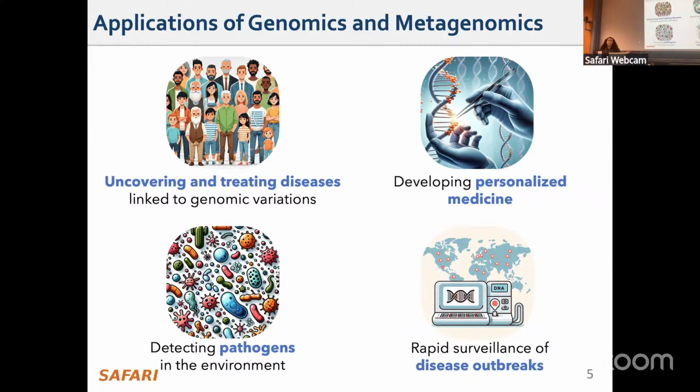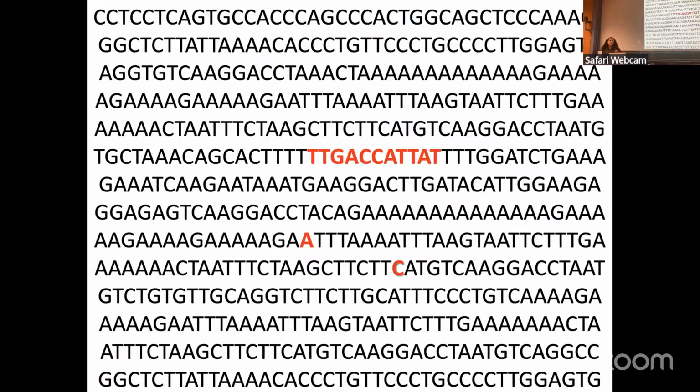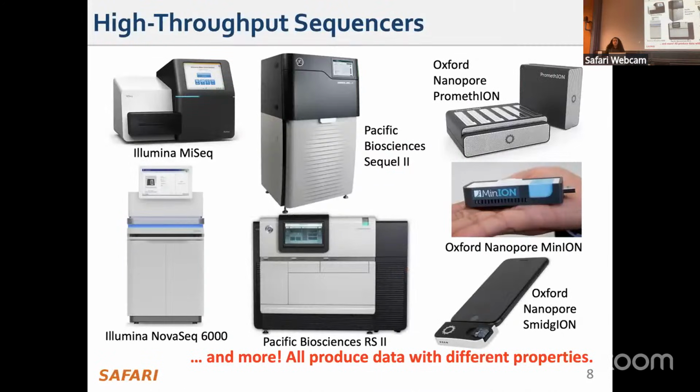So these applications and many, many more require us to understand the genomic information that is encoded in an organism's DNA. And to get this genomic information into digital data for us to be able to computationally analyze, we rely on these machines that are called sequencers.